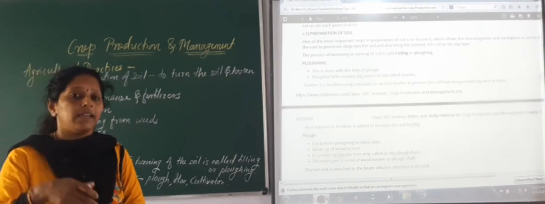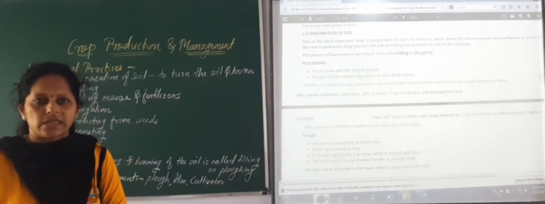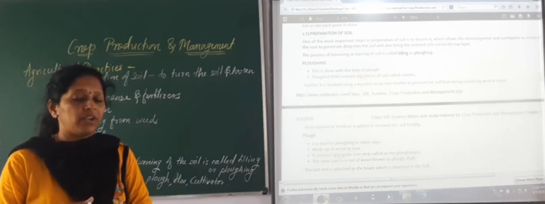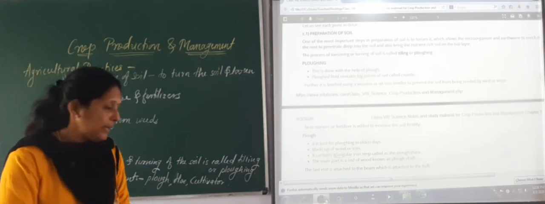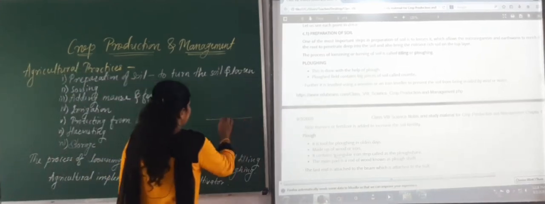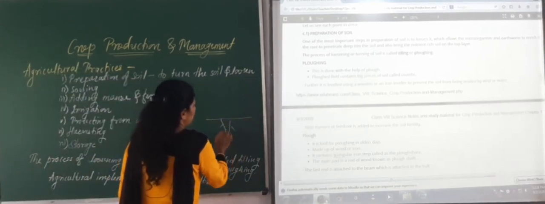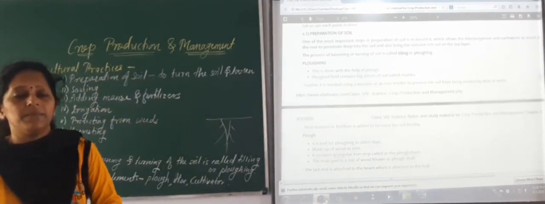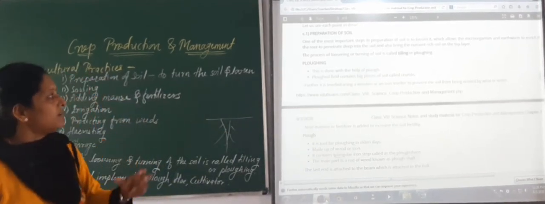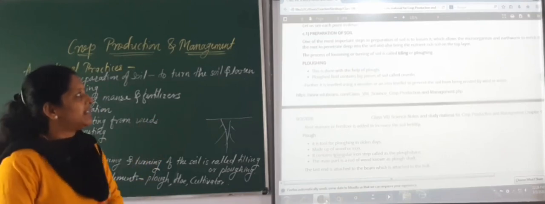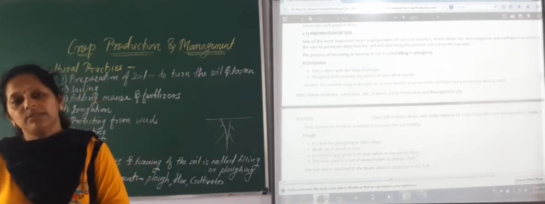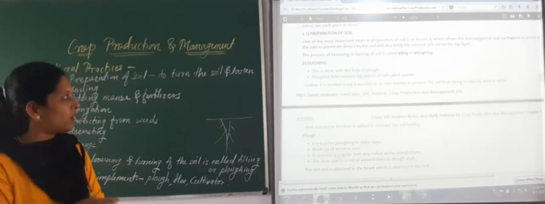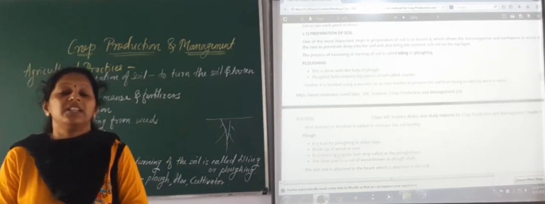When the soil loosens, because of the loosening and turning, the roots penetrate deeply into the soil. Because of the earthworms and microorganisms, the soil nutrients are enriched. Earthworms eat the soil, loosen the soil and enrich the soil. Microorganisms also enrich the soil.